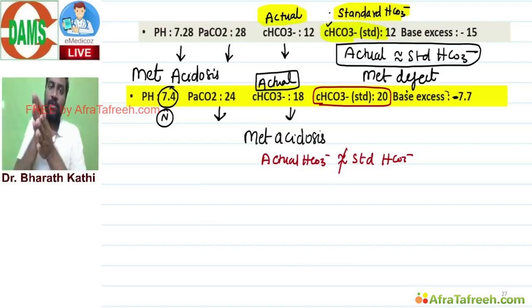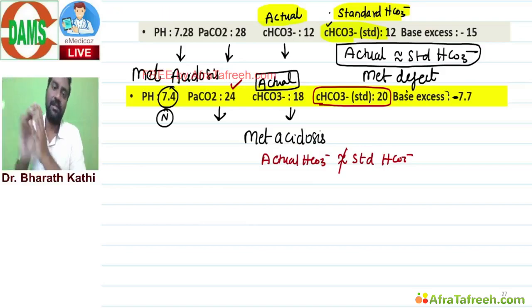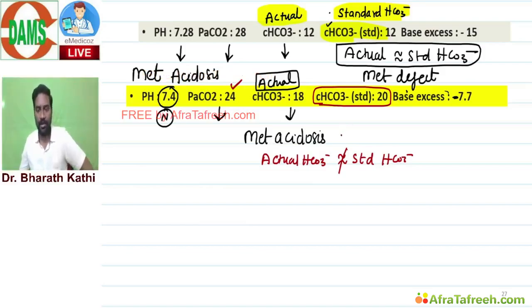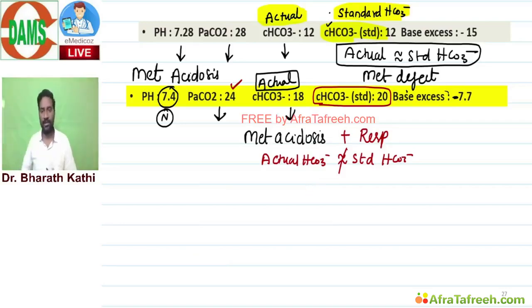Now you have brought the CO2 to 40. So CO2 from 24 to 40 you have brought. So what has happened to bicarbonate? Bicarbonate also slightly changed. So actual bicarbonate and standard bicarbonate are not correlating. So there must be an additional respiratory defect also. What is the respiratory defect that can cause bicarbonate decline?